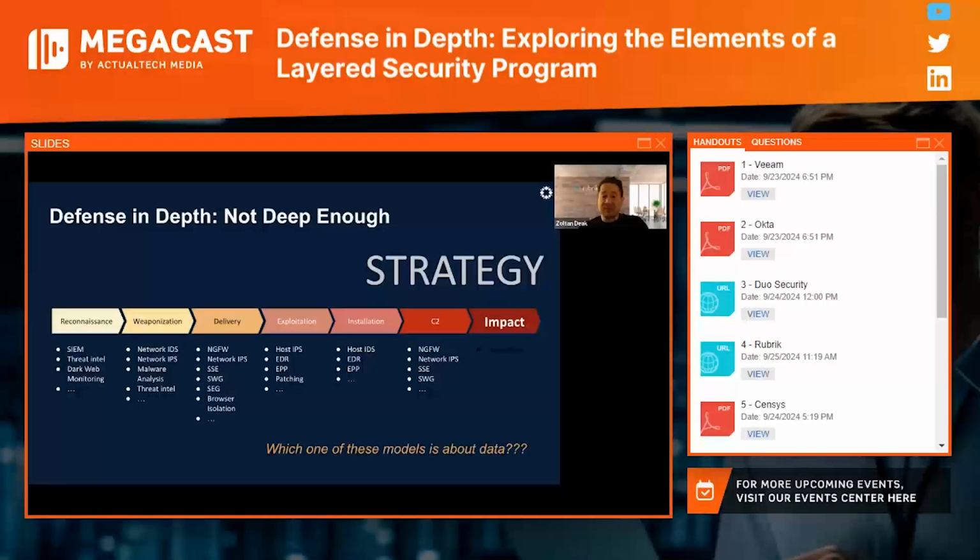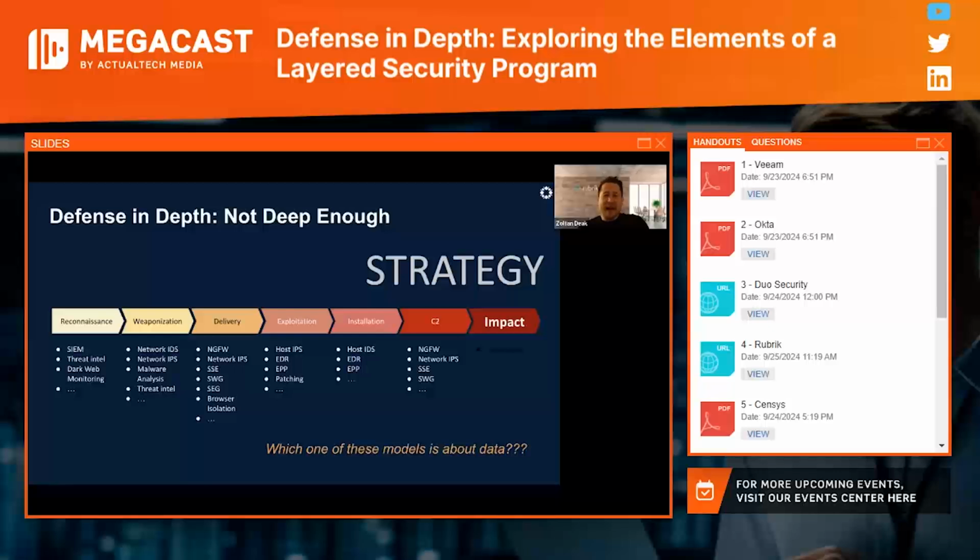Enterprise organizations tend to run somewhere between 50 to 75 different security tools. And of course, there's overlap across those. And I love looking at the kill chain as a framework for these types of discussions. It helps us understand and break down how defense in depth works. How should it work, right?